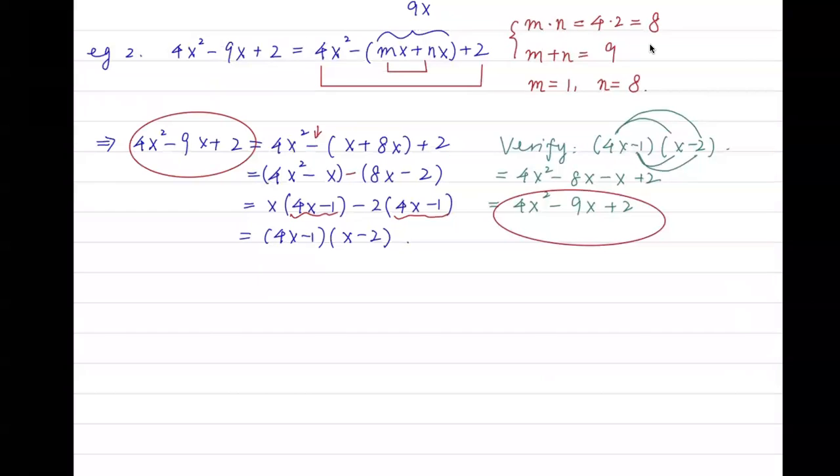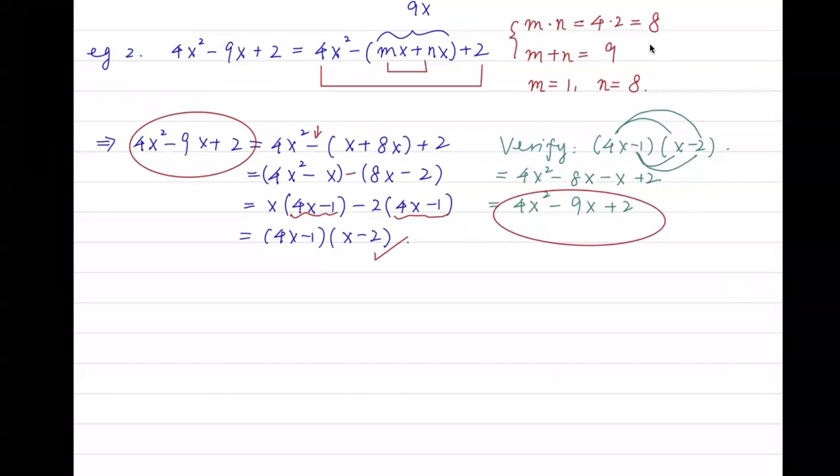The answer is the same as the original trinomial, which means we did the right thing. So this is the correct answer.